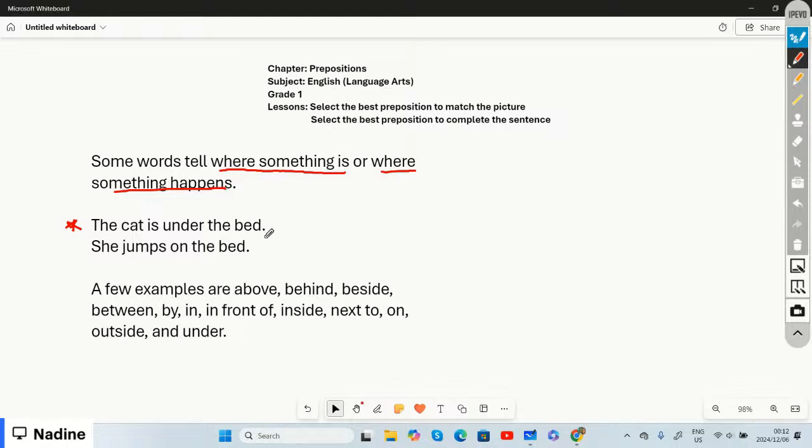Under is our preposition that tells us where the cat is.